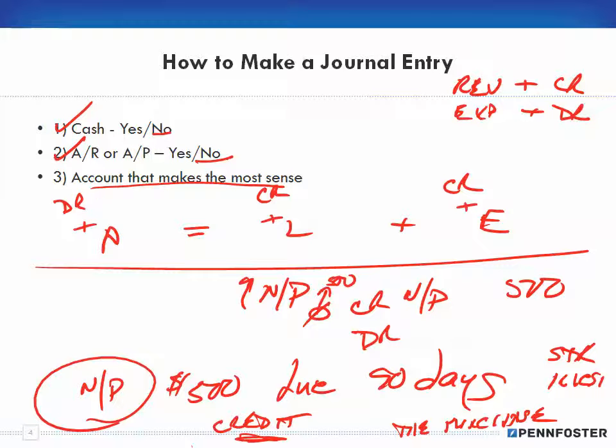I know I did not say what this credit is being used for. I said it's for a stock investment, and the reality is that the other half of this transaction would probably be an asset. But I'm getting into something a little bit more advanced, and I'm just trying to make the point here of being able to look at what you know first.